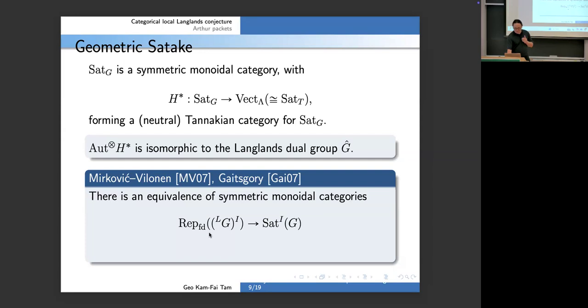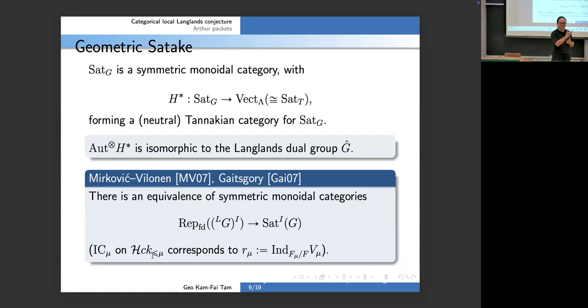To give a rough sense of how these objects correspond, you can look at the IC sheaves on the Hecke stack. Remember this Hecke stack is related to this Bun_G. On Bun_G, we have an order given by these polygons, and those polygons are parameterized by dominant cocharacters.